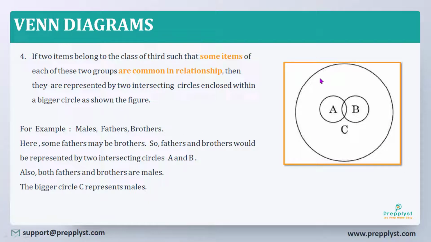So C is the bigger circle which represents males. A and B are two circles which represent fathers and brothers. So some fathers could be brothers, some fathers may not be brothers. But all of them do come in the bigger circle males. So that is why we have this A and B which have some common portion, and both of them lie within the bigger circle C, which represents males.